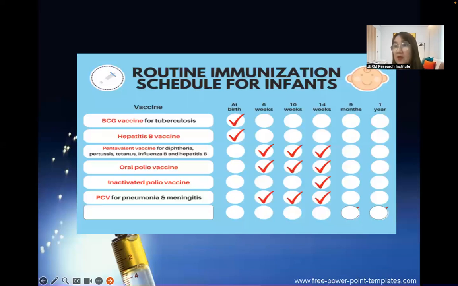Okay. So we now go to the 3 doses of pneumococcal conjugate vaccine given intramuscularly at 6, 10, and 14 weeks of age.